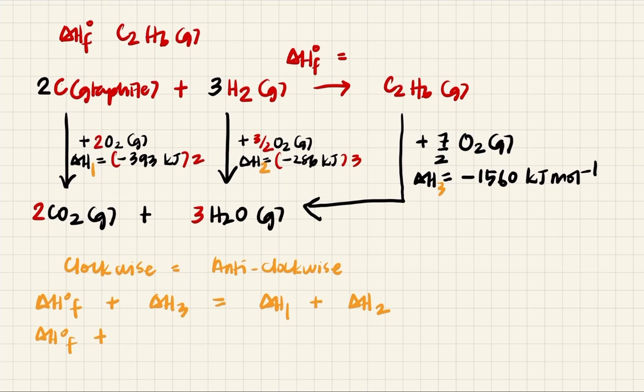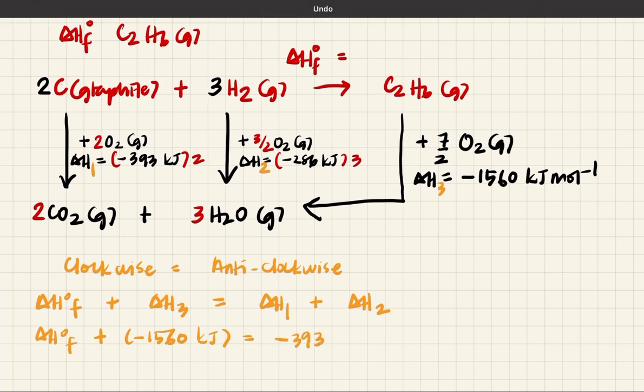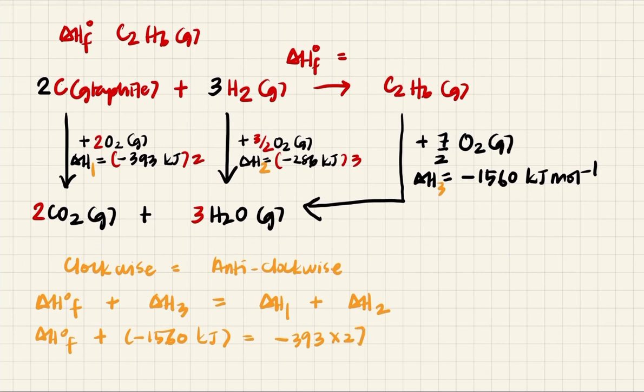Delta H3 is minus 1560 kilojoule per mole. I'm just going to put kilojoule. Delta H1 is minus 393 times 2 kilojoule, plus delta H2 is minus 286 times 3 kilojoule.